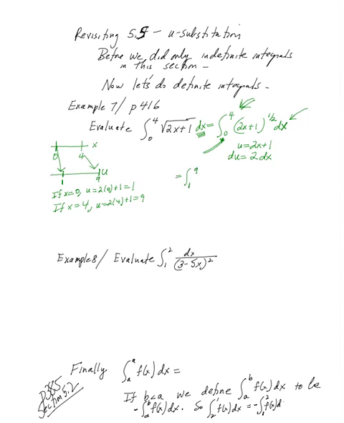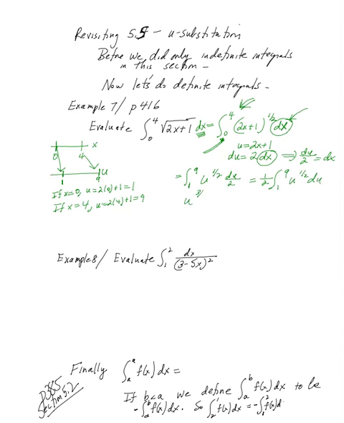Where does my u appear here? That's u to the 1/2, right? Remember, what's my dx? Solve for dx. I get du over 2. So the 1/2 comes out front. I anti-differentiate u to the 1/2.